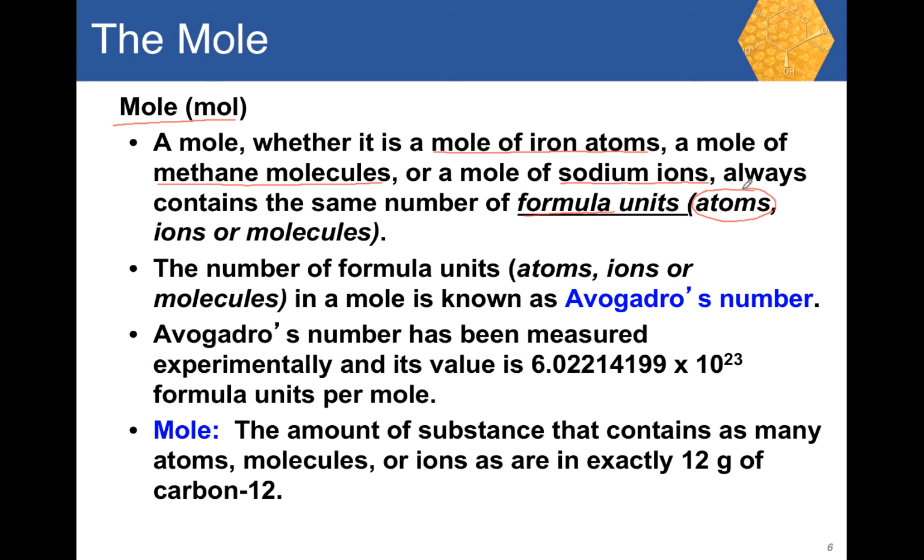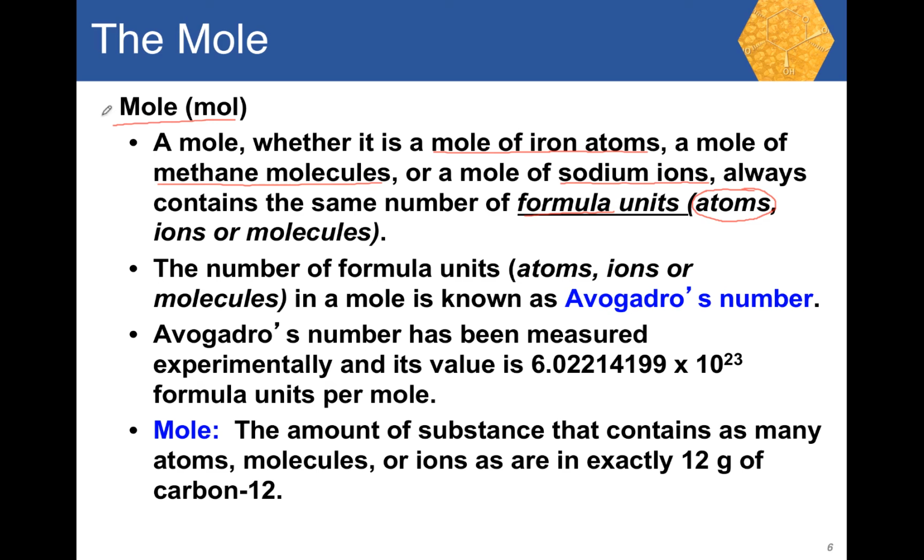So let's rephrase that just to make sure we understand it. If we have 1 mole of iron and 1 mole of carbon, for example, they have the same number of atoms. As we stated earlier, if we have 1 gram of iron and 1 gram of carbon, they will not have the same number of atoms based on the difference in weights.